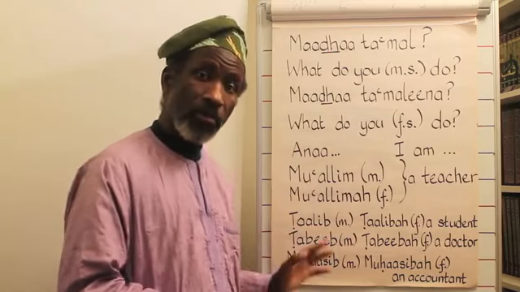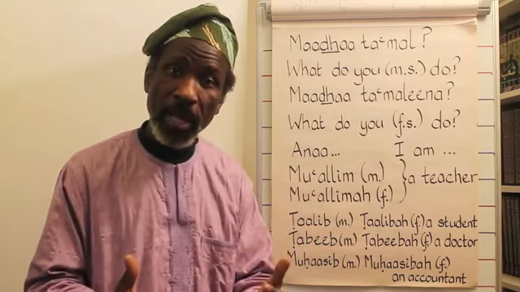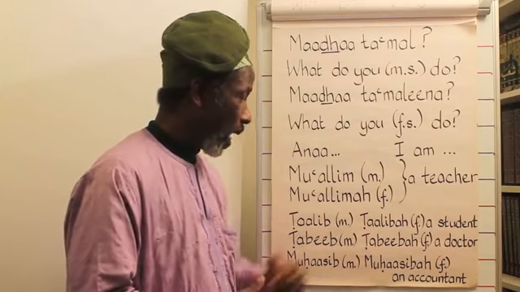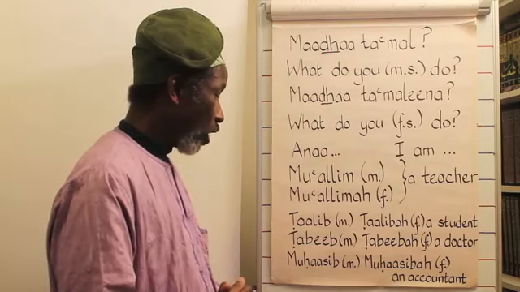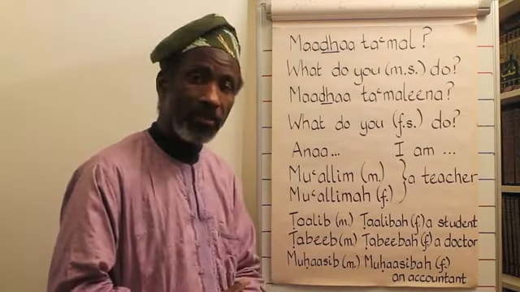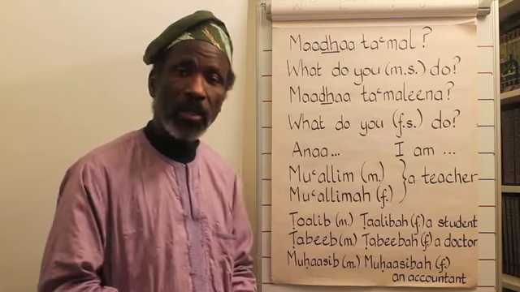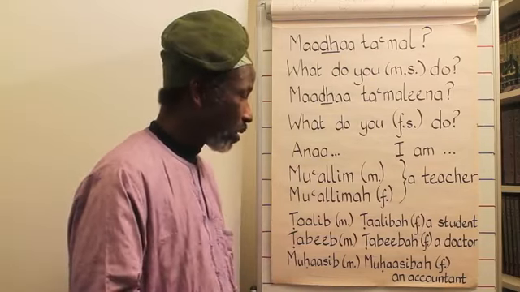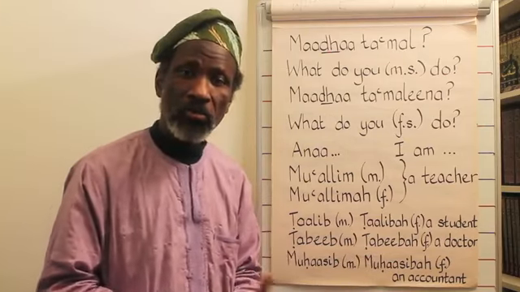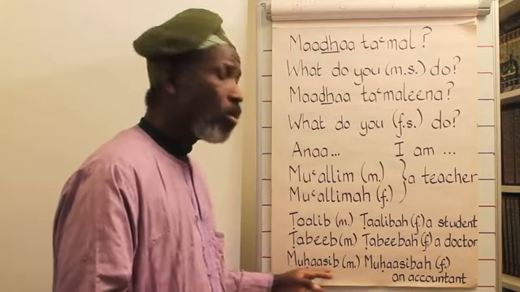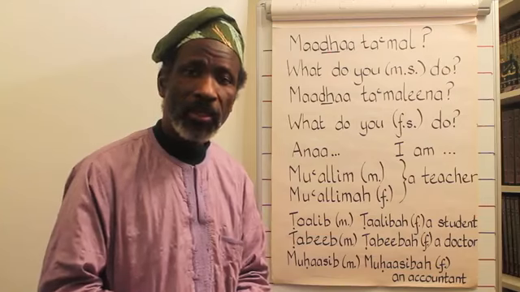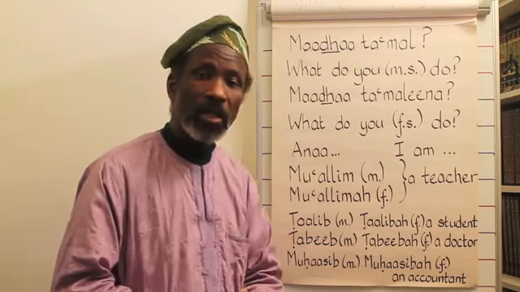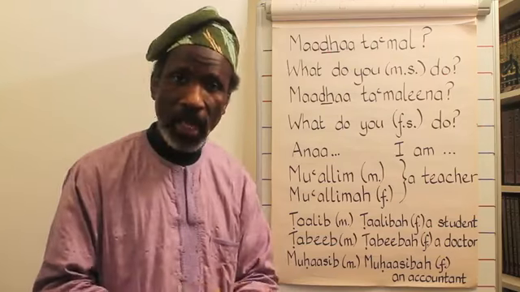طالب. You've learned that before. طالب, male student. طالبة. طبيب, a doctor, that is a male doctor. طبيبة, a female doctor. محاسب, that's a male accountant. محاسبة, an accountant, that's female.